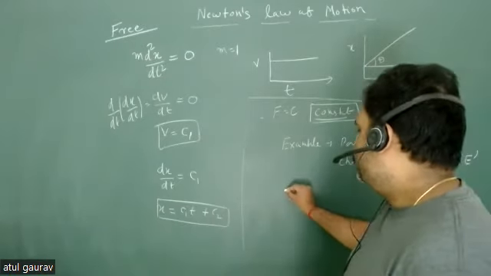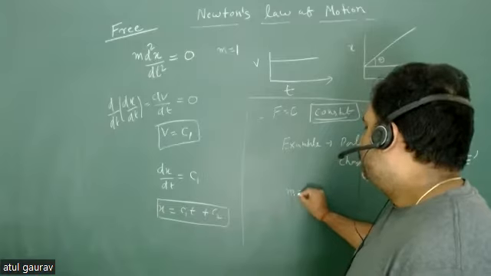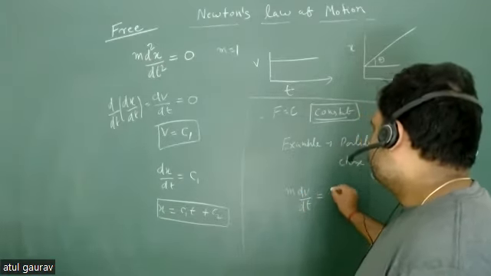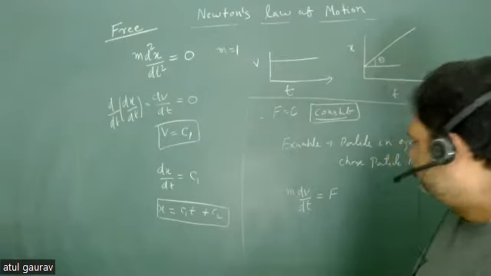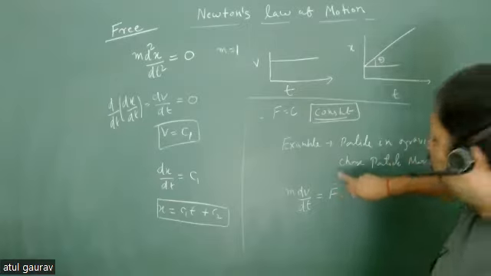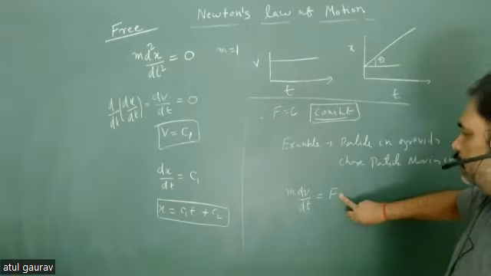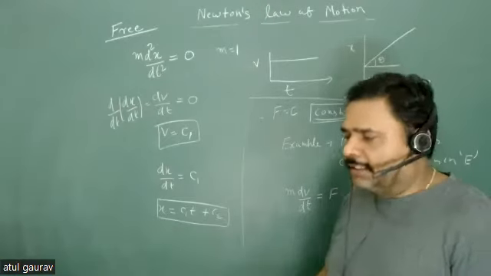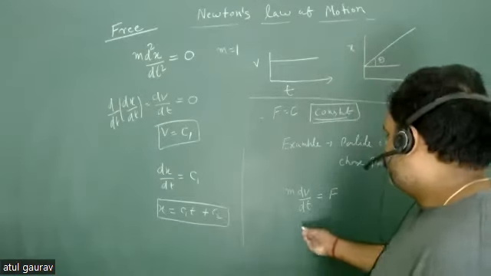So what will happen? You have m dv/dt equal to some force F, isn't it? Some force which is constant, that is not a function of x and not a function of v. So this is just a constant. So how will you go for this?